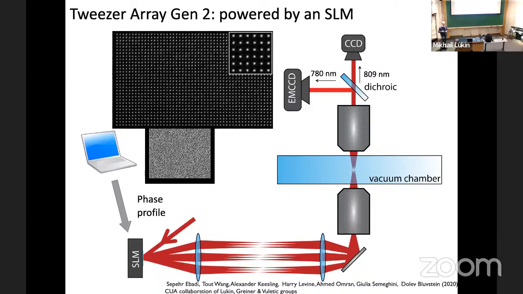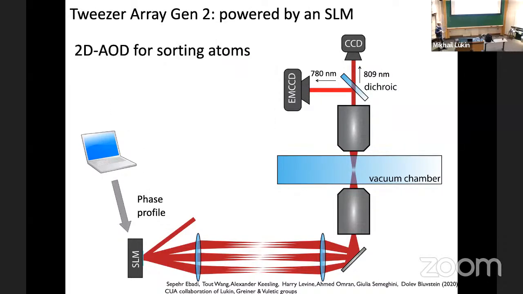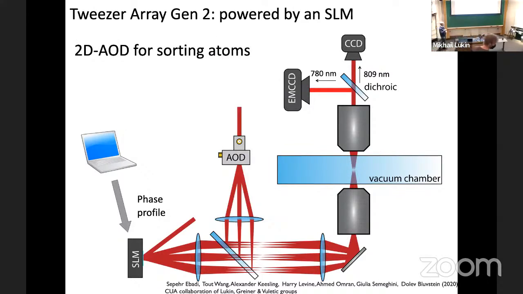So to move and sort atoms, we use 2 crossed acousto-optic deflectors. When we program them with an AWG, we can move columns and rows of atoms around in a highly parallel way, such that we create large arrays of about 300 atoms or so.